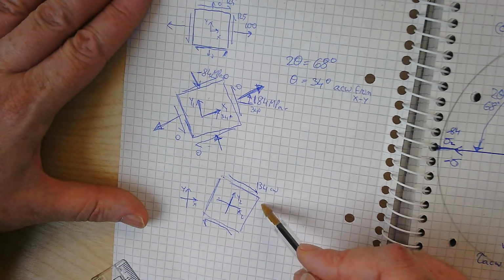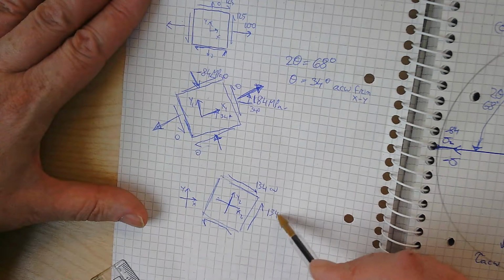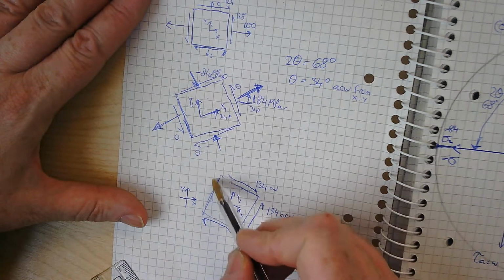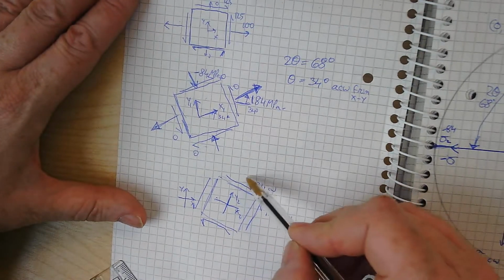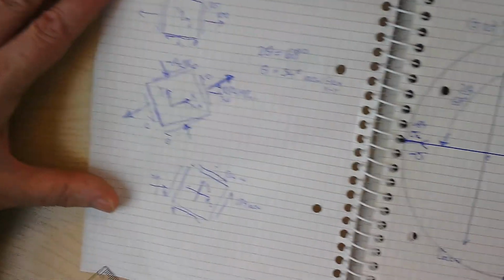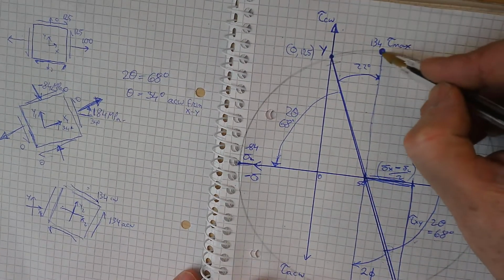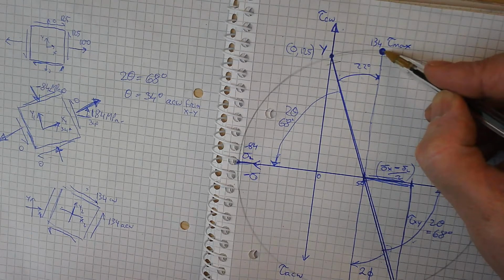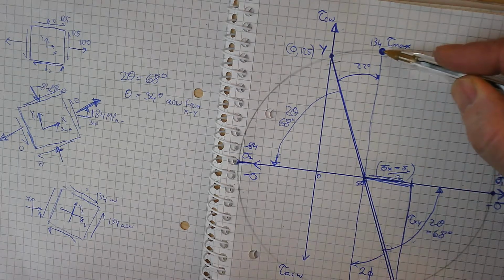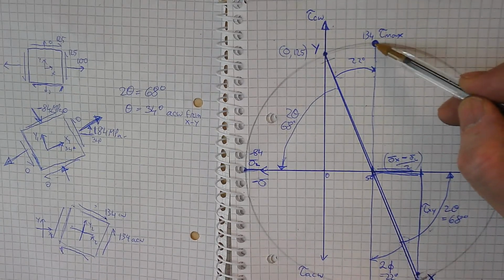And on the X side, 134 anti-clockwise, this way. Okay? And then what about normal stresses in this orientation? We go back to here. What's the normal stress at this location? What's the normal stress here in this orientation?